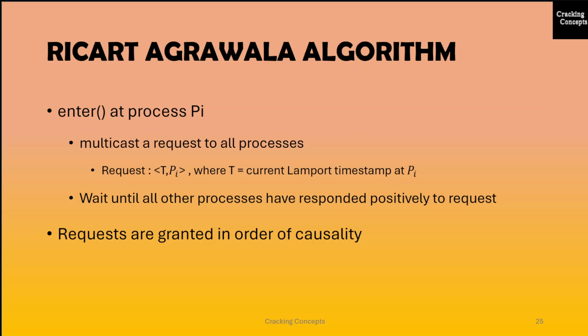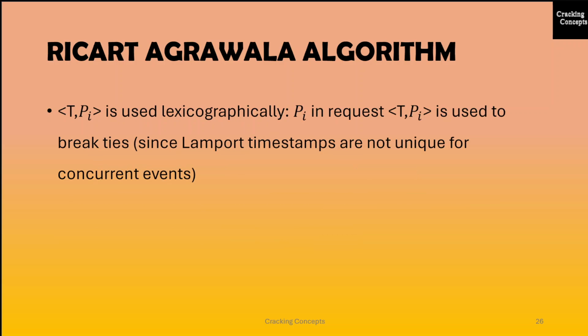And these requests are granted in the order of causality. Now this request (T, Pi) is used lexicographically. That is, the Pi in this request will be used as a tiebreaker, since there can be cases where the timestamps can be the same because Lamport timestamps are not unique for concurrent events.